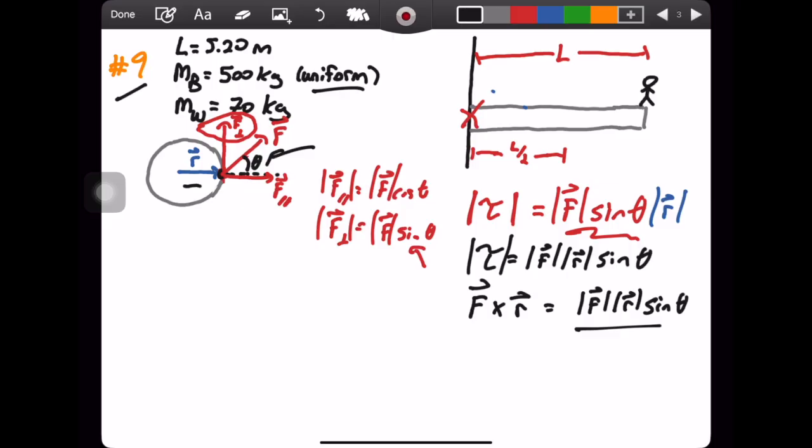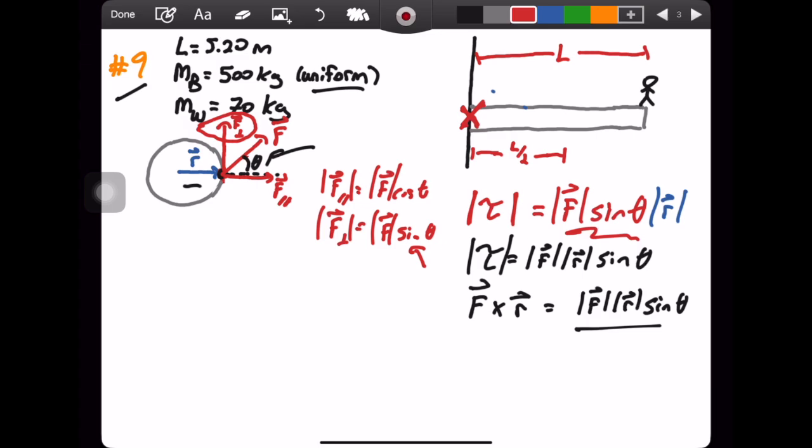You don't have to worry about that, because we're going to focus on magnitudes. This problem is asking what is the magnitude of the torque about the bolt. Again, imagine the beam is bolted right here, and the problem is asking what is the magnitude of the torque about the bolt. So we're going to have to take into account two things.